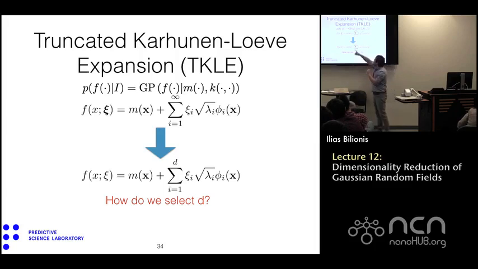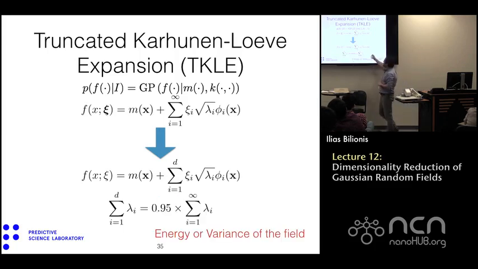The way you select that D is by summing up to a given D so that you capture as much of the variance of the field as you like. You say, find me a D that gives me 95% of the variance, and I'm going to ignore that 5%, hopefully it's not going to matter in my application. Or give me the D that gives me 99% of the variance of the field.